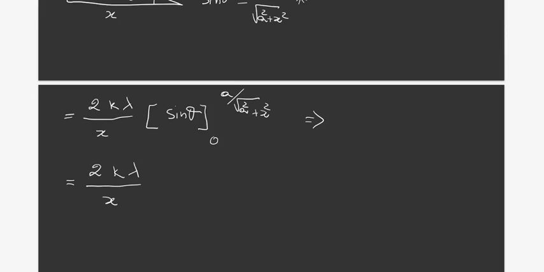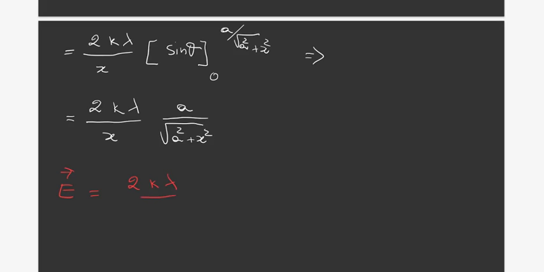When I place the upper limit, I will have a over the square root of a squared plus x squared. Now let's complete the electric field vector E, which is equal to 2k times lambda divided by the distance to the point P and the wire times a divided by the square root of a squared plus x squared. And that, in my particular picture, was pointing along the i direction.